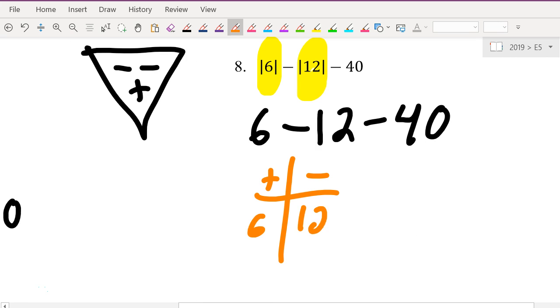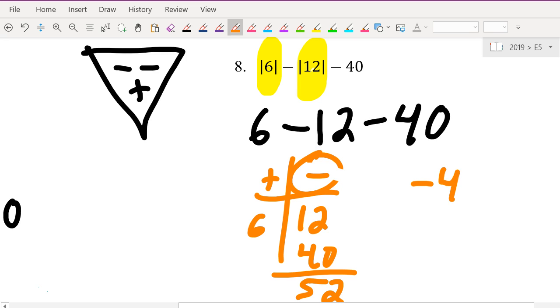Okay, 6, 12, 40. Okay, so bad guys score 52, right? What's the final score? Good guys, well, that was the final score, 52-6. But they won by 46. Right. So bad guys win by 46. Don't forget to put that sign in there, por favor.